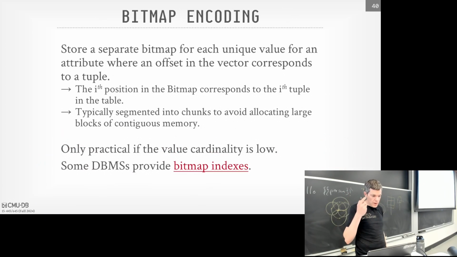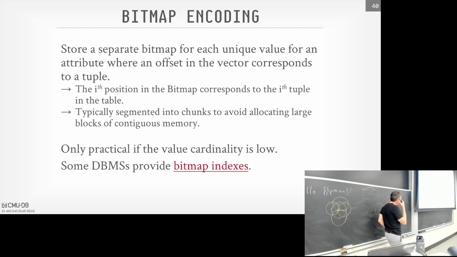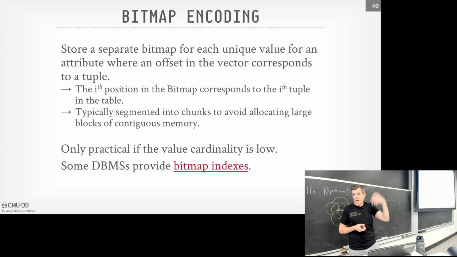Next technique is to do bitmap encoding. The idea here is that instead of storing the values over and over again within a column, I'll maintain a separate bitmap for each possible value that could occur, and just have a 1 or a 0 based on whether the tuple at that offset is set to that particular value.